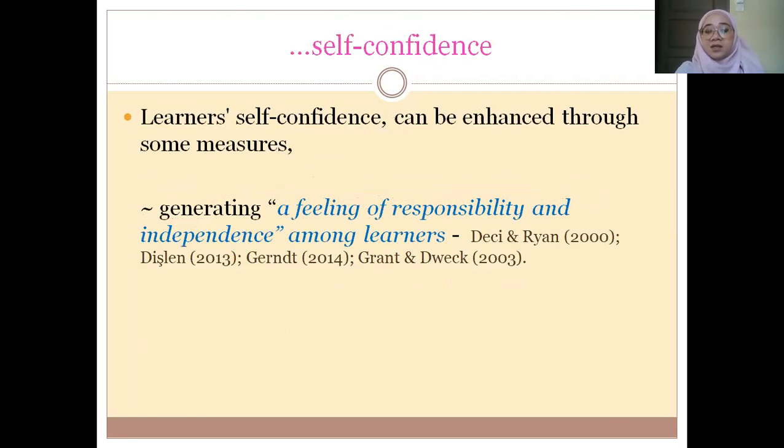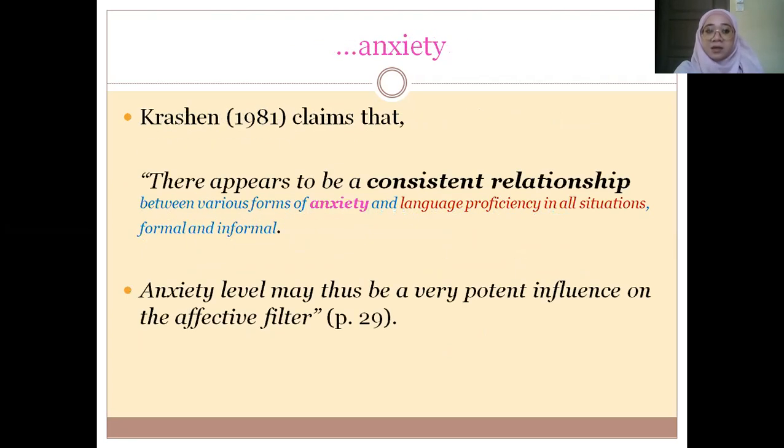The self-confidence. Learner self-confidence can be enhanced through some measures which generate a feeling of responsibility and independence among learners. That was by Lacey and Ryan 2002 and so on by others. Anxiety. Creation in 1981 claims that there appears to be a consistent relationship between various forms of anxiety and language proficiency in all situations, which include formal and informal.